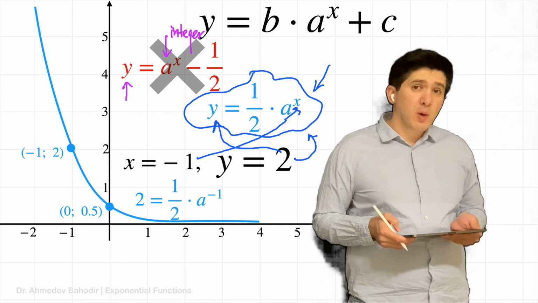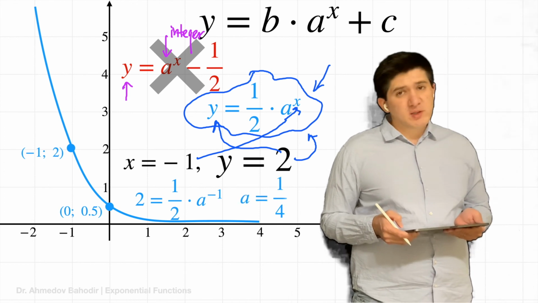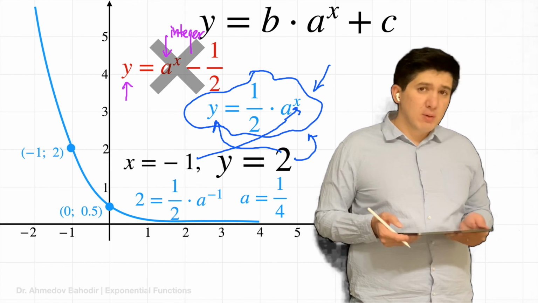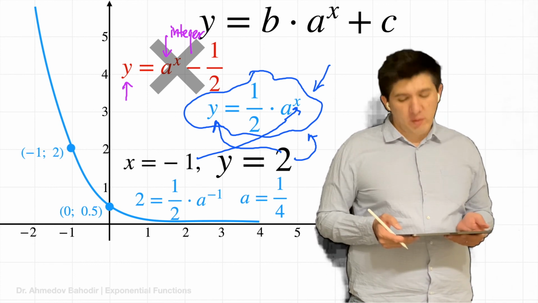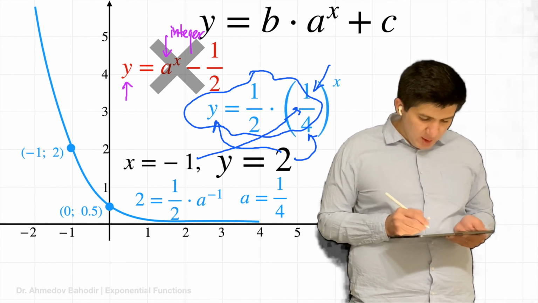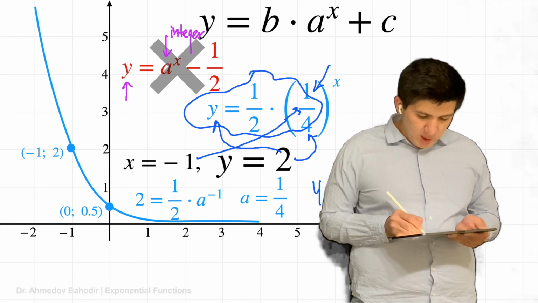It's going to be equal to 1 over 2 times a in the power of -1. If I multiply both sides by 2, I find that a in the power of -1 is equal to 4. So a is going to be equal to 1 over 4. So the general form of this function is y equal to 1 over 2 times 1 over 4 in the power of x.